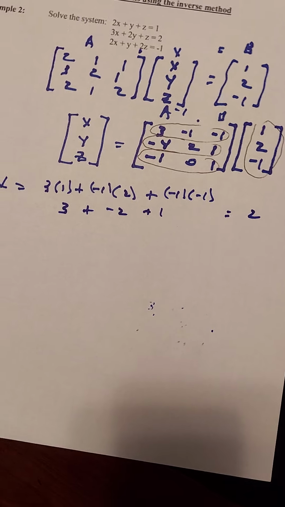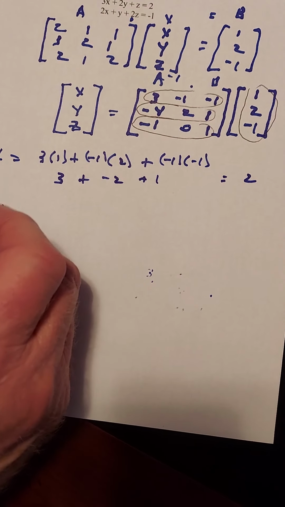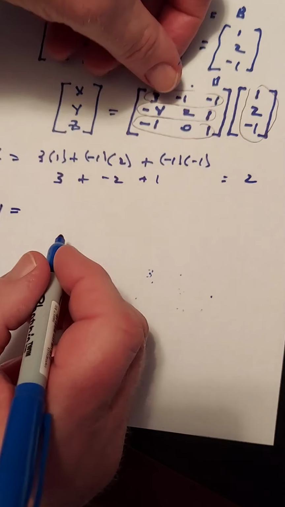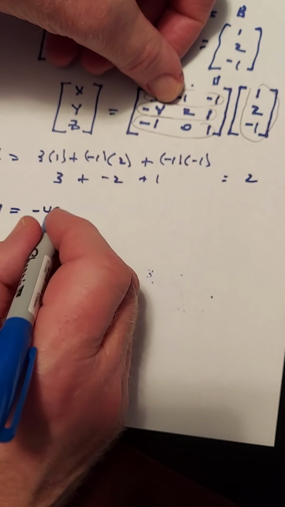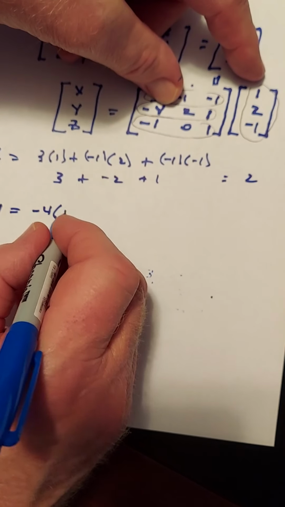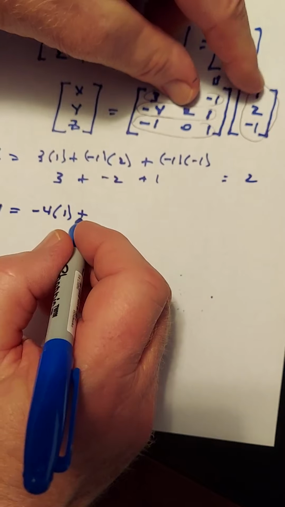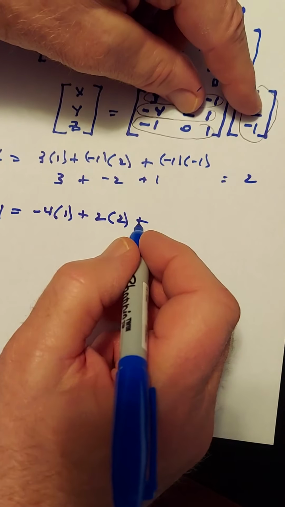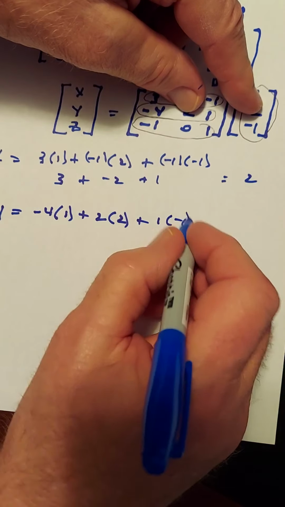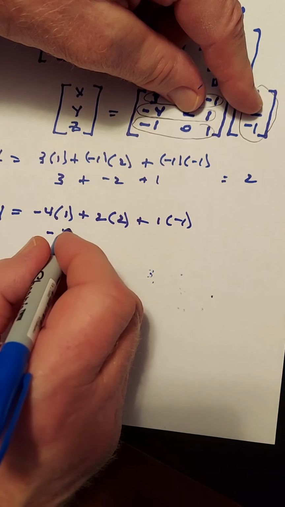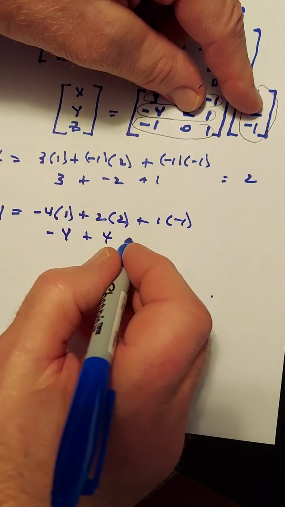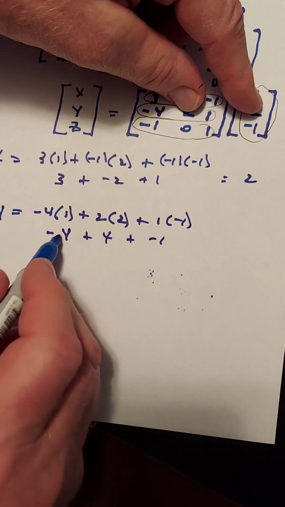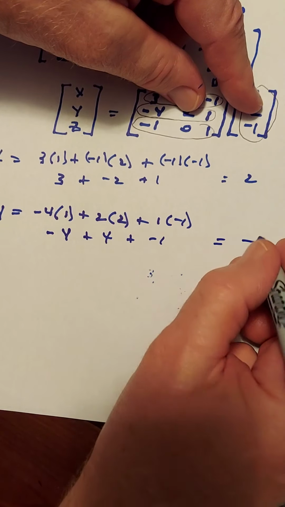I believe that's going to be 2. Y, I'm going to have negative 4 times 1 plus 2 times 2 plus 1 times negative 1. So you got negative 4 plus negative 1. Those two drop out. I got negative 1.